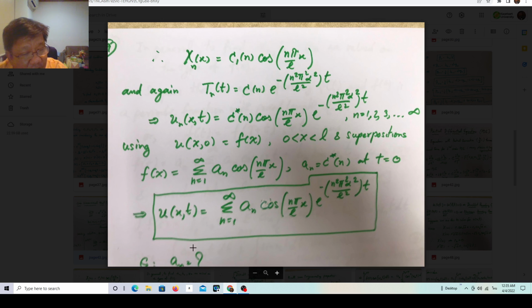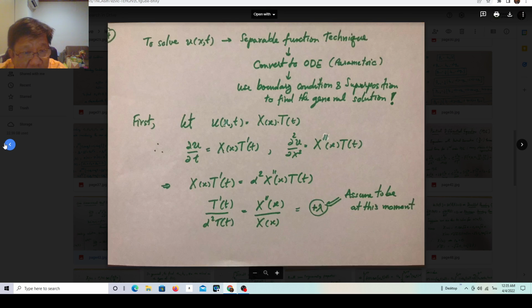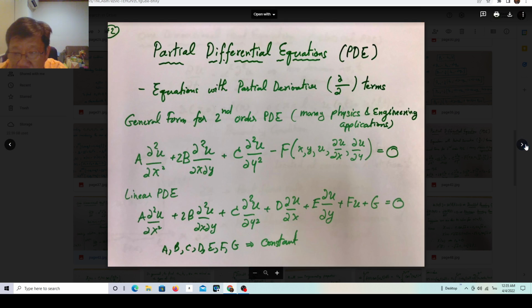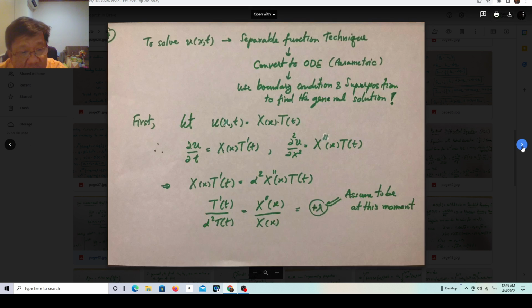Okay, and a sub n is the coefficient of the series, and this series is normally called the Fourier series. Why? Because this is the way Fourier approached solving the general form of solution for this physical problem, the heat equation problem in one dimension.